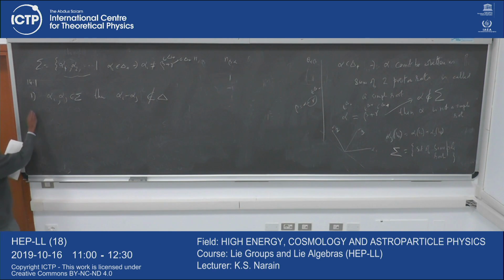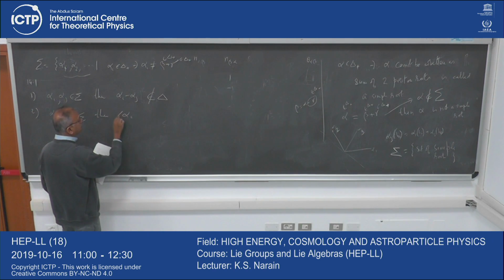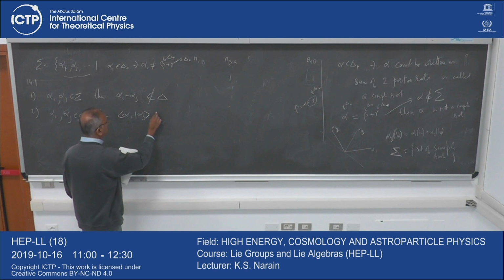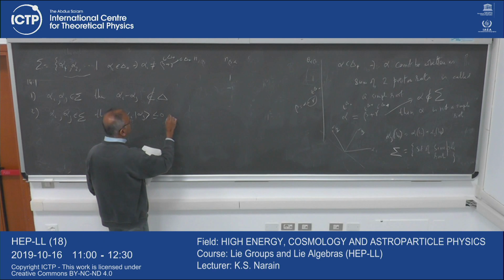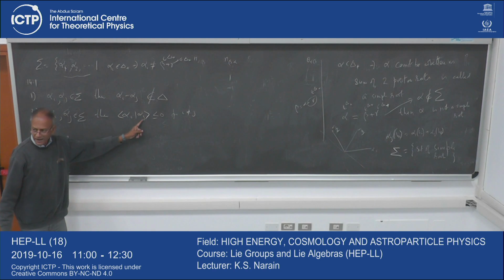The second is that, again, if alpha I and alpha j belong to sigma, then the dot product of alpha I and alpha j is less than or equal to 0 for I not equal to j. Because if I is equal to j, of course, then it's alpha I dot alpha I, that's a norm, which we know is positive.